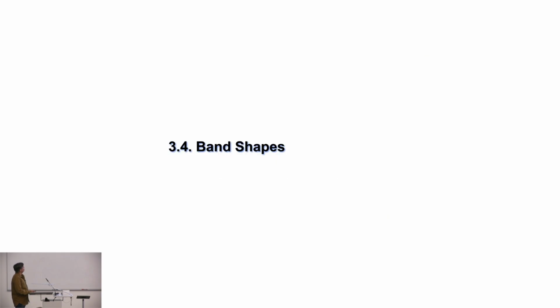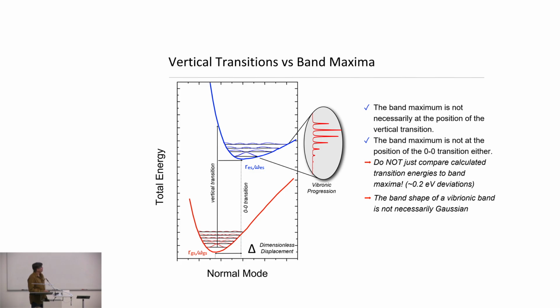Okay, let's briefly talk about band shapes. As I talked about before, most of the time when we analyze band shapes, we just fit Gaussians underneath the absorption envelope. That is, of course, not quite what's happening. You have a ground state potential energy surface, which you can visualize along each and every normal mode of the system.